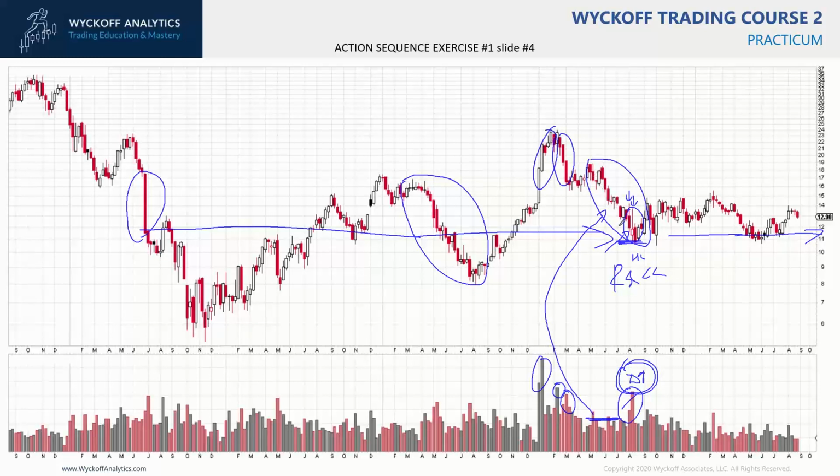But then the rest, it's almost like the price just tanks on its own. Why? Well, look at this demand signature. Demand was not as present, so the price just drops under its own weight. And then at the end, where we should be expecting some kind of stopping or climactic action, that's exactly what we see.